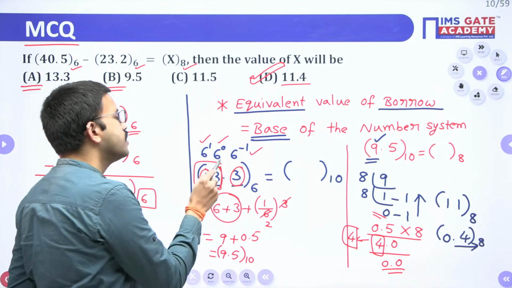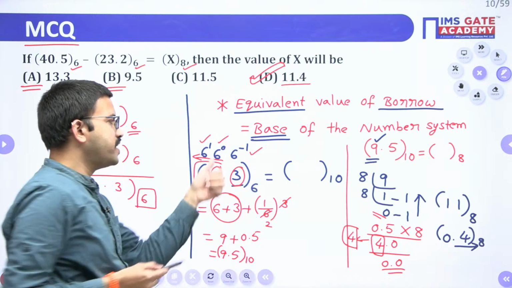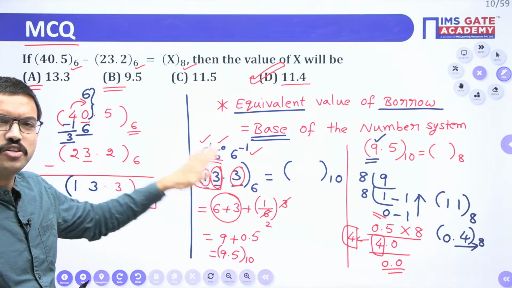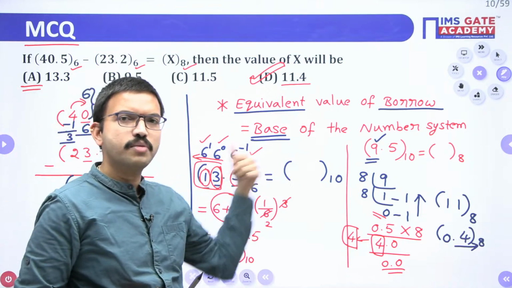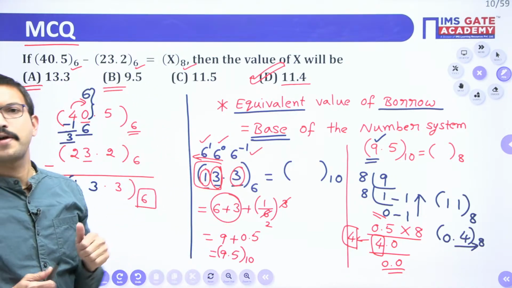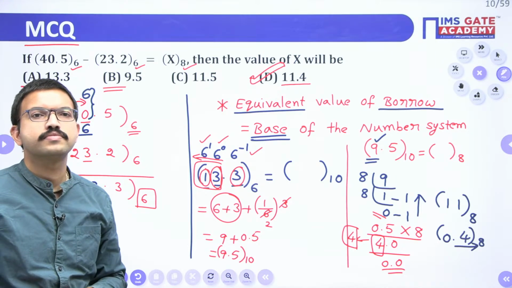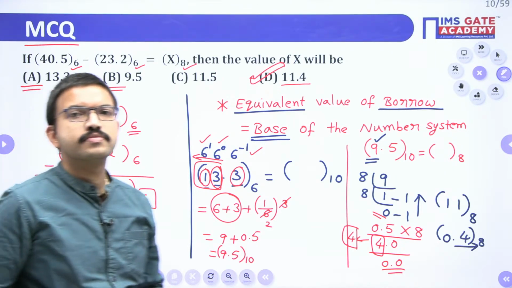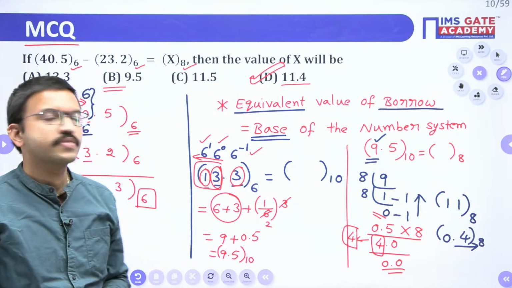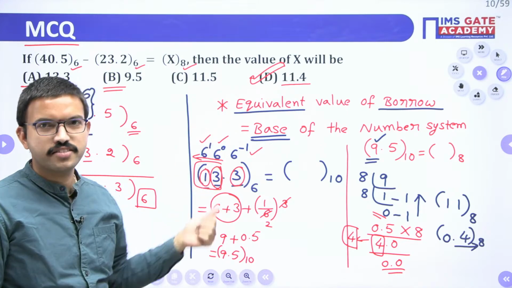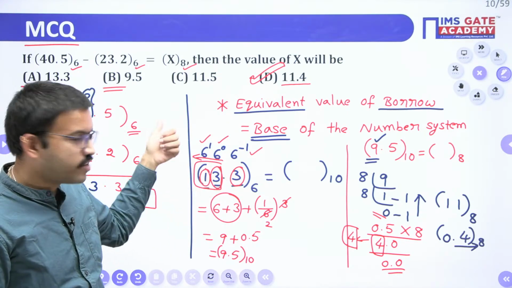Regarding the integer part, we have positively increasing powers of the base. Digit after digit, what are you doing: repetitive multiplication or repetitive division? See, 6 power 0, 6 power 1, 6 square, like that. Repetitive multiplication. Yes, very good Kundan.